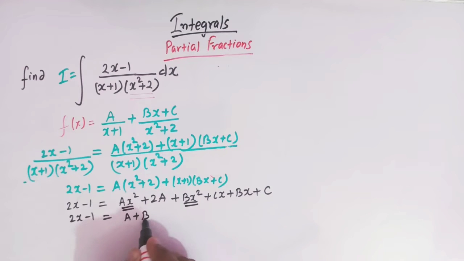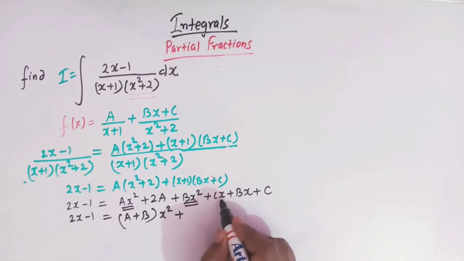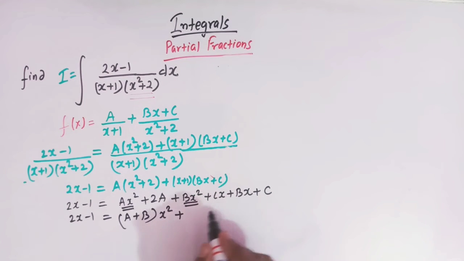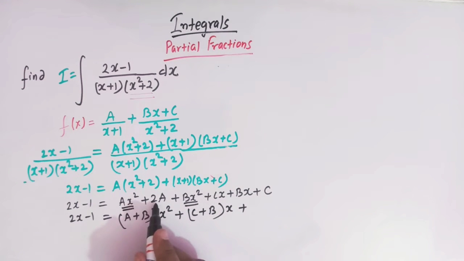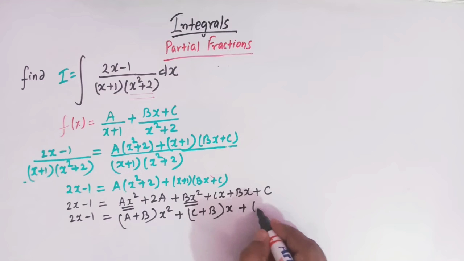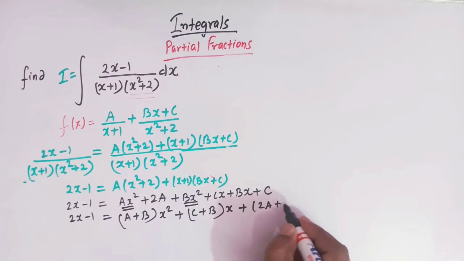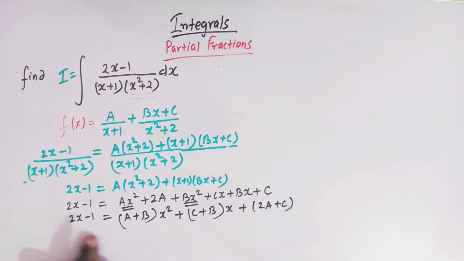So now we can arrange the terms, and here we have ax square, here we have bx square. So we have a plus b x square, and then the coefficient of x is c plus b, and here the constant terms are 2a and c, so we can write 2a and c together. So we have 2a plus c, right? And c, now here we have a quadratic expression, right?